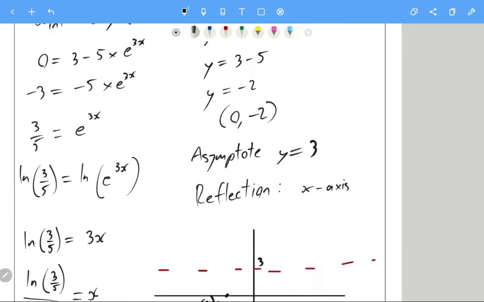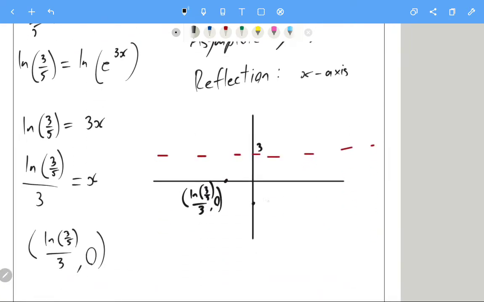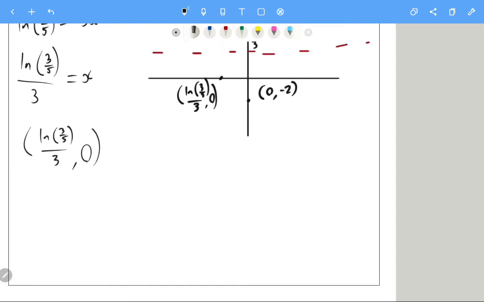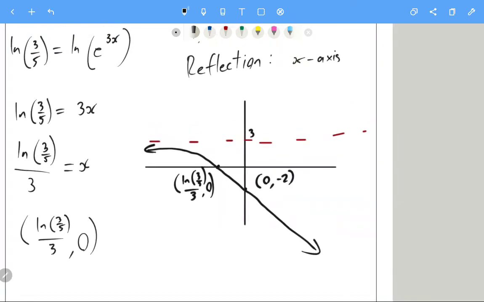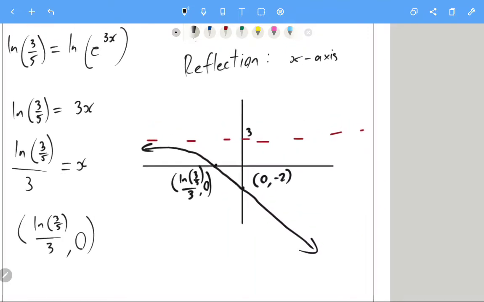My y-intercept is going to be -2. And the shape, remember, reflection, so it's going to be this sort of shape. Perfectly, it's going to fit. It's going to start at the asymptote, come down, pass through our 2 intercepts, and go off to -infinity. Alrighty, so that is my sketch.